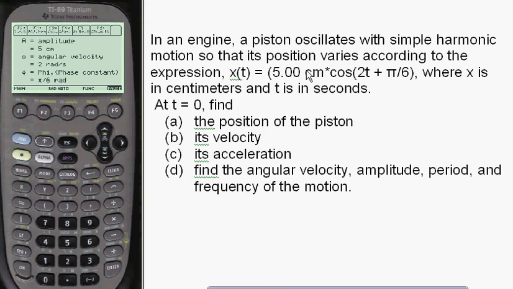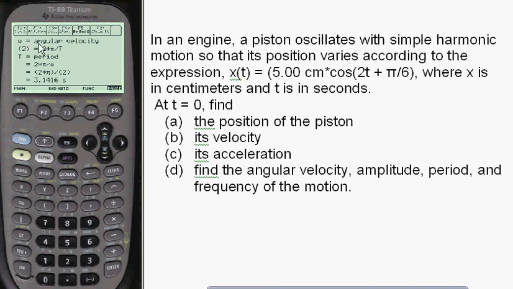Here's 5 centimeters, well, that's amplitude. 2 is angular velocity, which is 2 rads per second. And then phi here is pi over 6, in radians.